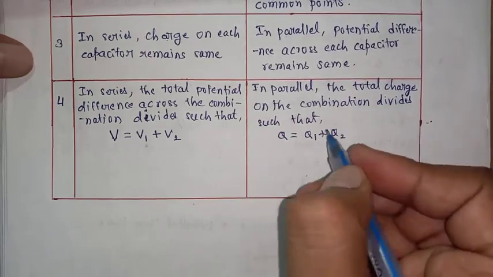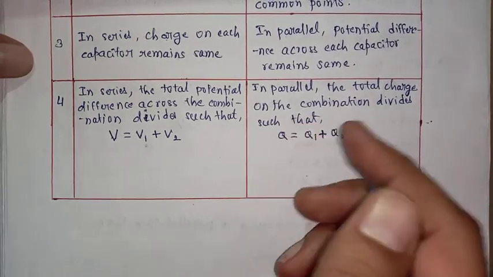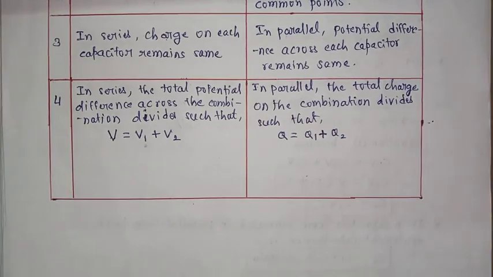That means total charge on the combination is equal to the sum of charge on the capacitor C1 and charge on the capacitor C2.